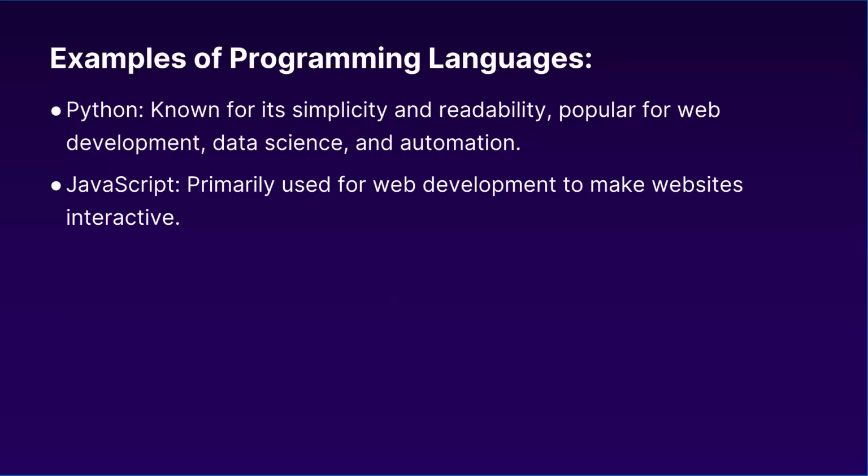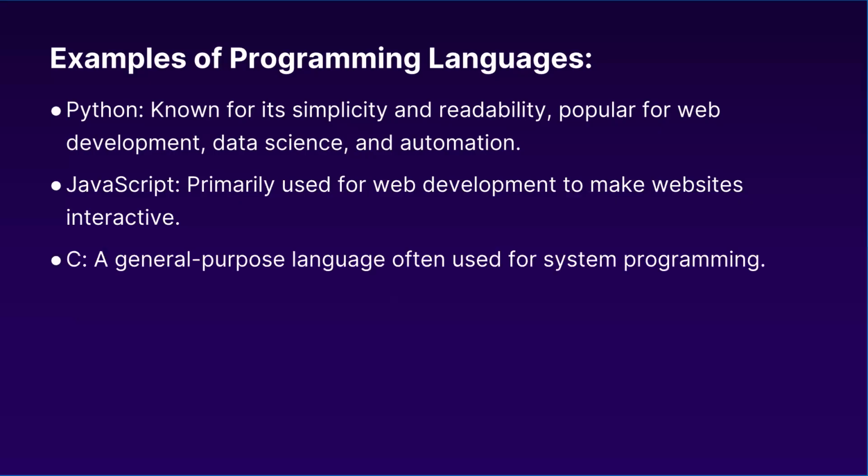Now, you cannot use Python to make a website interactive. You can only use JavaScript. And somehow you cannot use JavaScript for automation or data science, although there is improvement in JavaScript now. But every programming language has its specific use and reason why it was created.